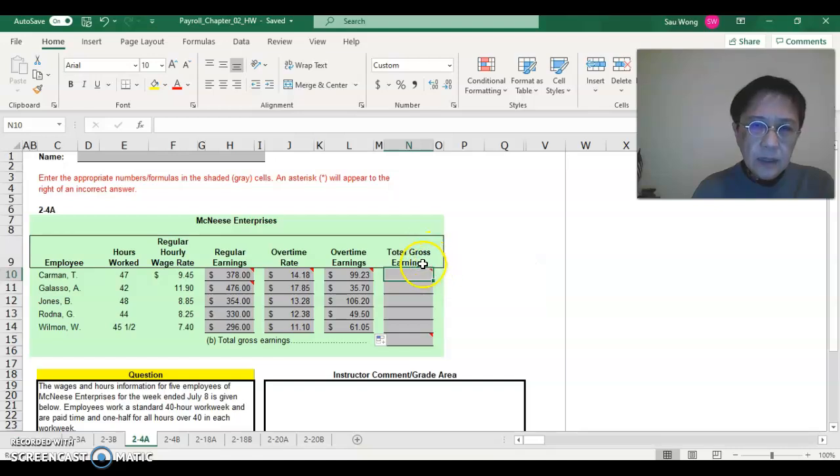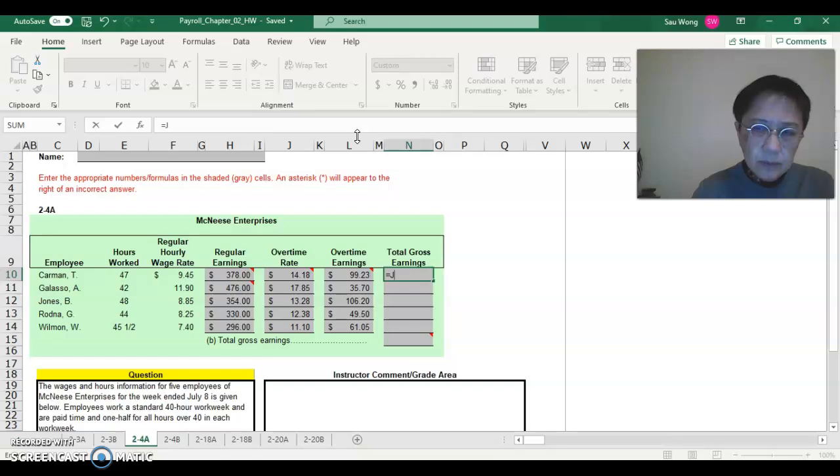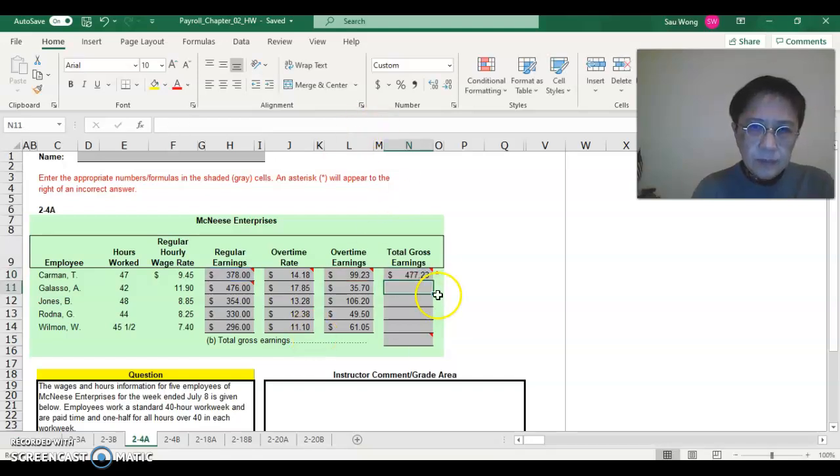Okay, last column, total gross earnings. Total gross earning is regular earning plus overtime earning, equal H10 plus L10. Then we drag it down.